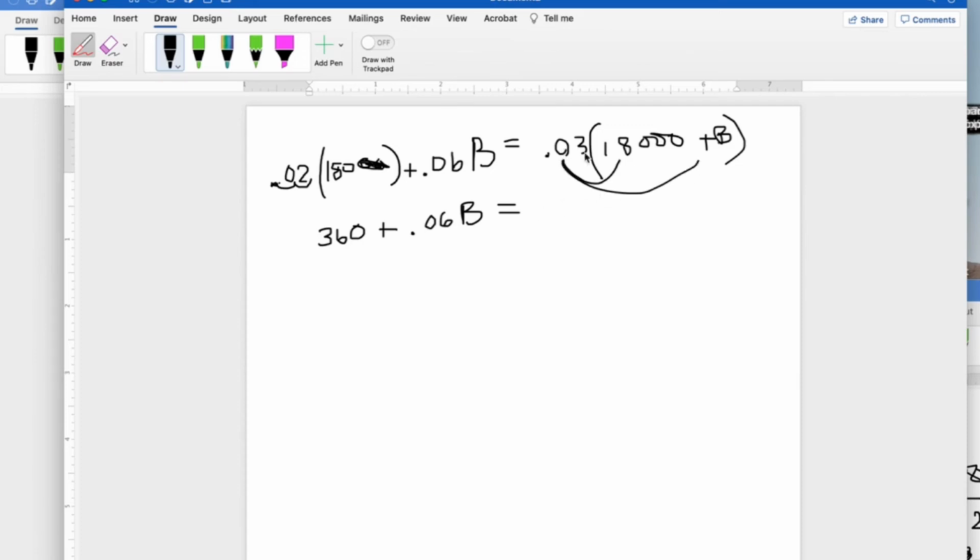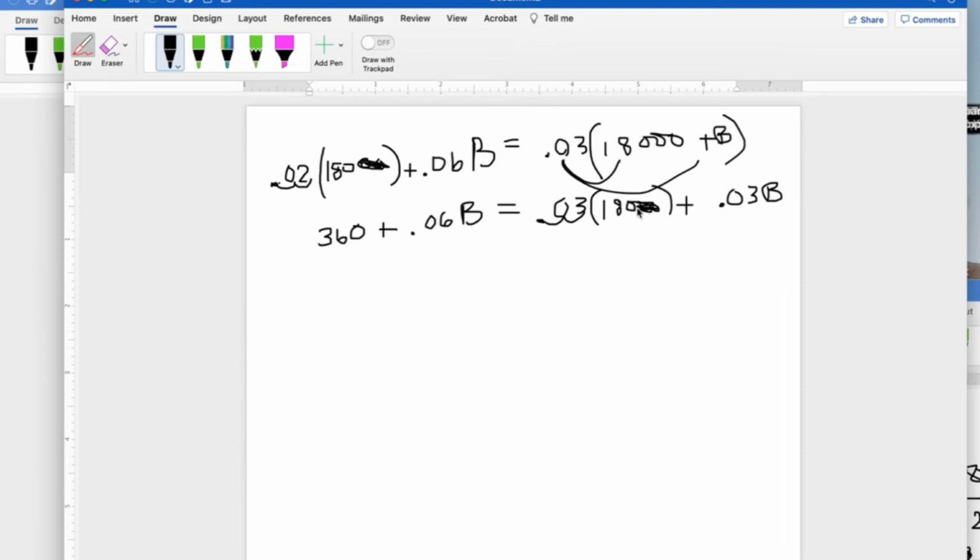Now let's distribute this across here. We've got 0.03 times this, so we'll write it down: 0.03 times 18,000, plus 0.03 times B. I can do this one right now. 0.03, we're going to move the decimal and take off 2 zeros.